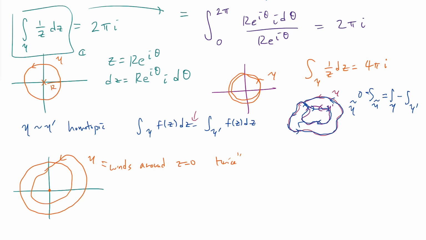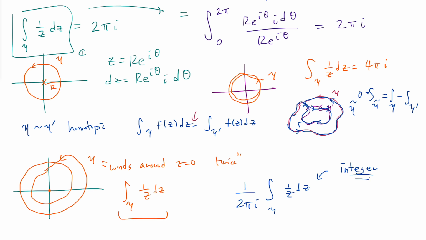Then the integral over gamma of 1 over z dz should be exactly the same as for this path, because this path and this path are homotopic. They are really the same element in the fundamental group of the circle, or the fundamental group of the complex plane minus the origin. So one insight from this is that 1 over 2 pi i times the integral over gamma of 1 over z dz always gives an integer.